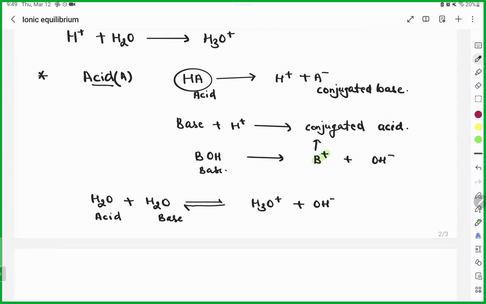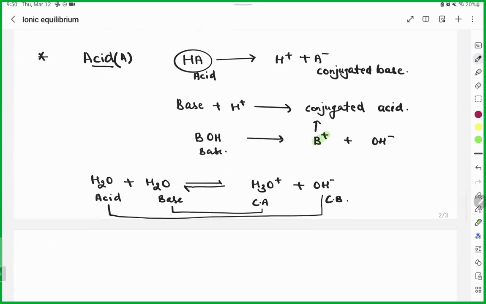So what will happen? The base will accept H positive ion, so this will be the conjugate acid. The base forms a conjugate acid. Correct? The acid will release H positive ion and the remaining thing is OH negative, so this is the conjugate base. Any doubt, guys? Same thing.